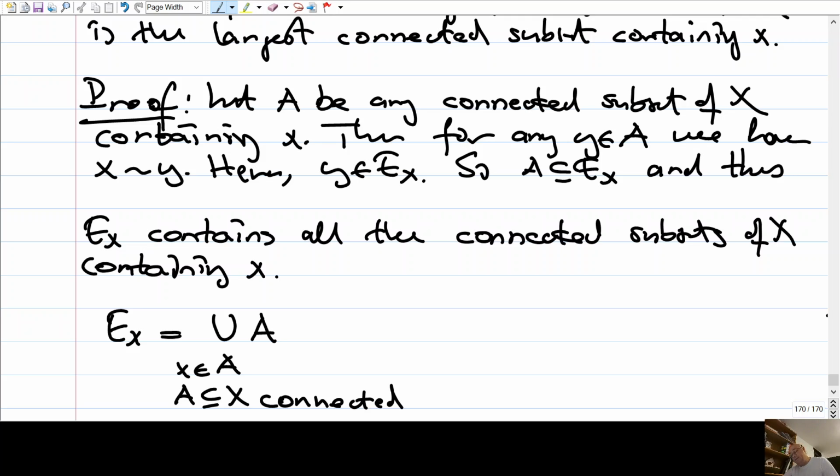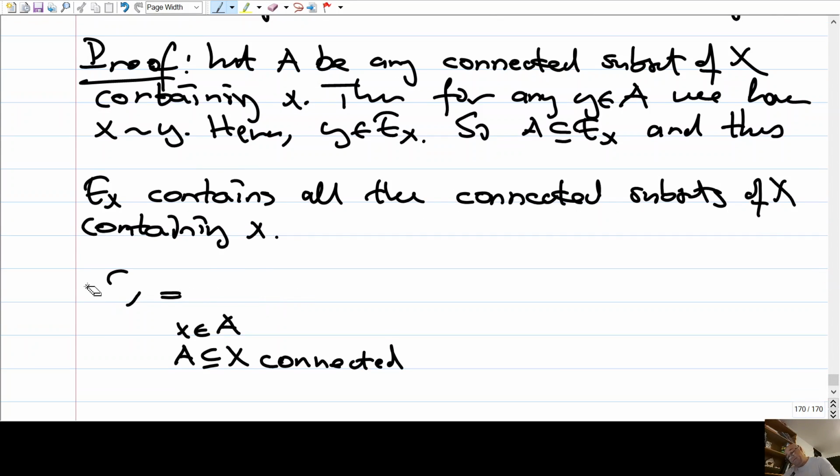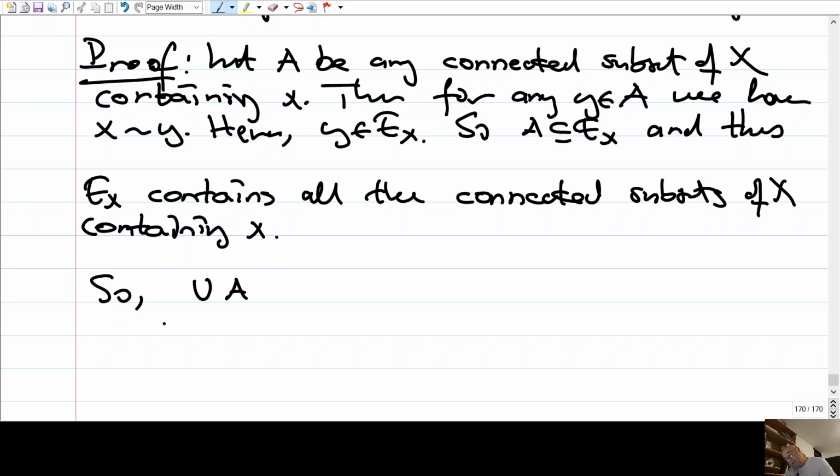Did we prove this? Not really. Okay, we have this union, where X is in A and A is a subset of X and connected.